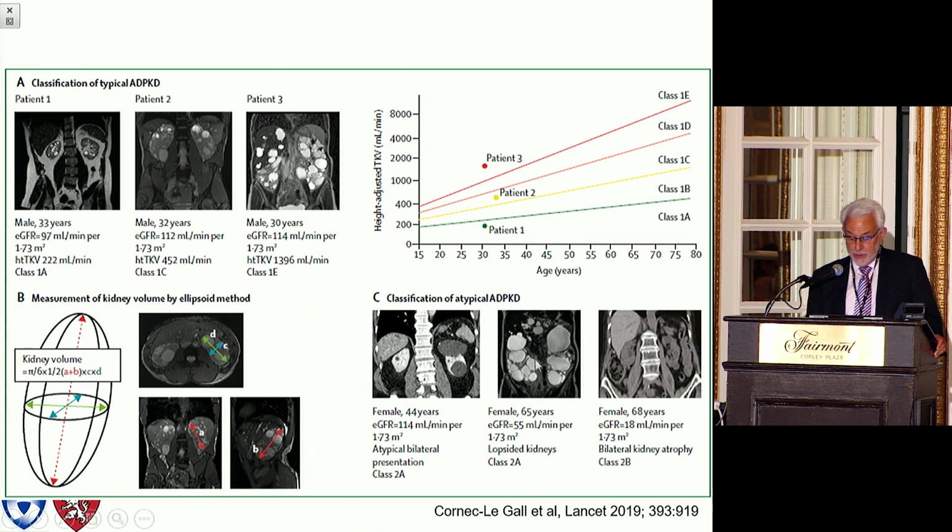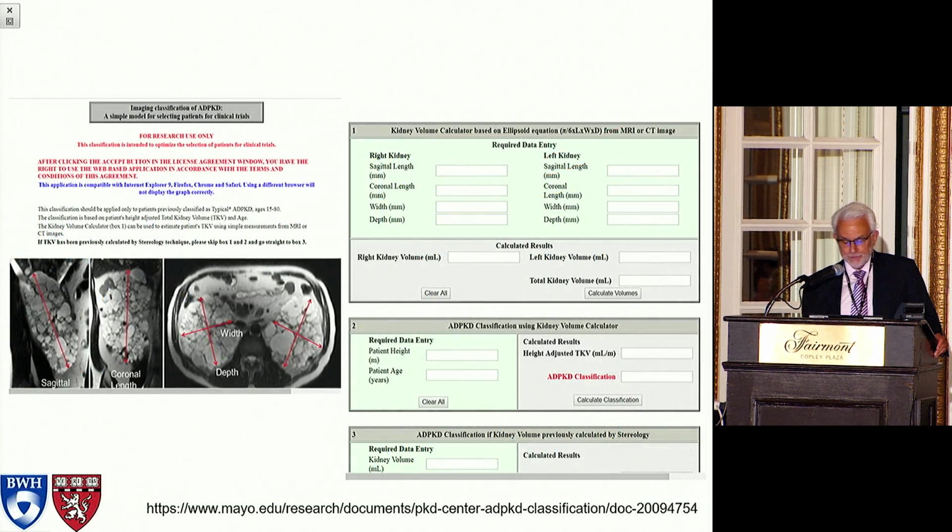This is another patient, 65 years old. She has a GFR of 55, so she clearly progressed very slowly. These would be considered lopsided kidneys. Again, not at risk of rapid progression. And this is an older female, 68 years old. GFR is already quite low, and kidneys are small and atrophic. So again, this would not be someone at risk of rapid progression.